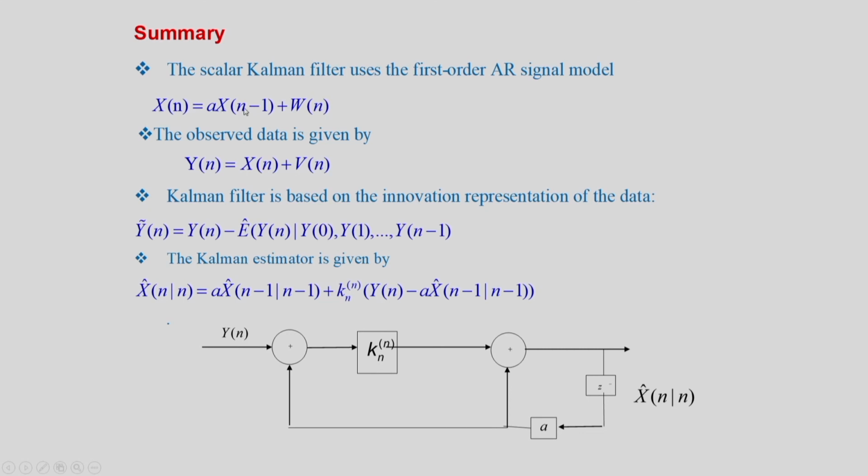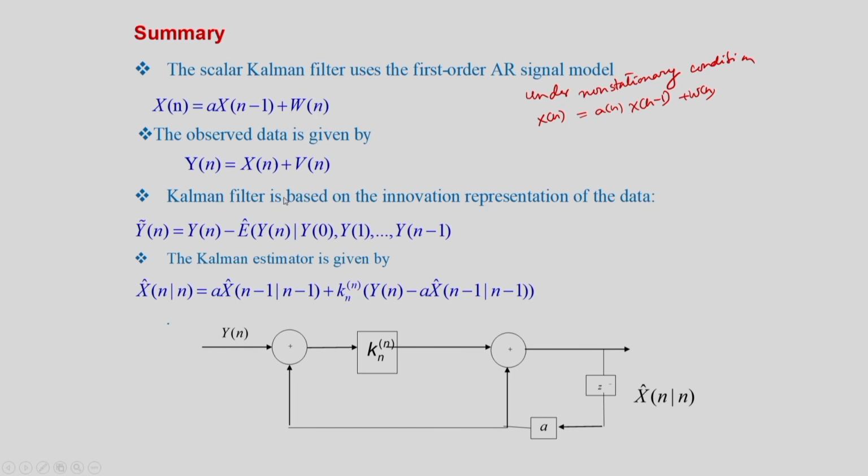X n is equal to A times X n minus 1 plus W n, and under the non-stationary condition this A will be replaced by A n. So X n will be equal to A n times x of n minus 1 plus W n. The observed data is given by Y n is equal to X n plus V n, where V n is independent of X n and V n is independent of this W n.